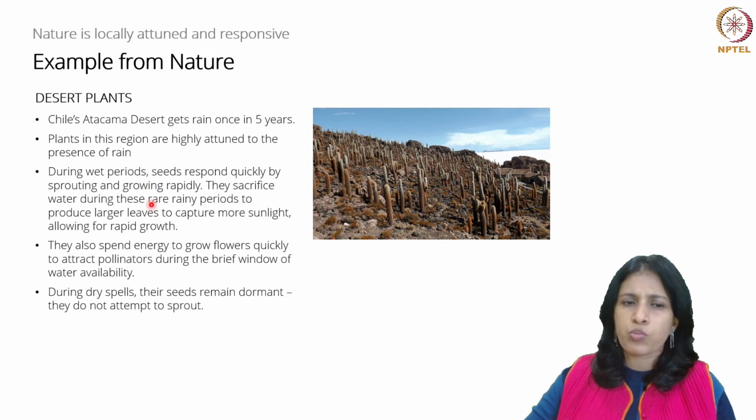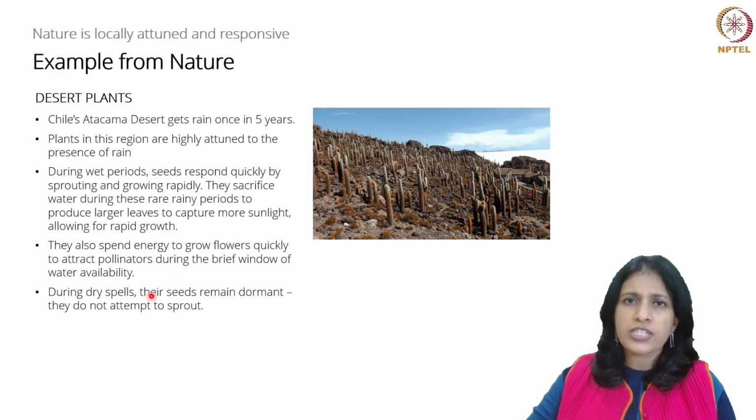They sacrifice water during these periods to produce large leaves that capture more sunlight so that they can grow rapidly, and they can grow flowers quickly so that this can help them reproduce, this can help them spread as well. So in the brief window of water availability, they ensure that all of their reproduction is actually happening.